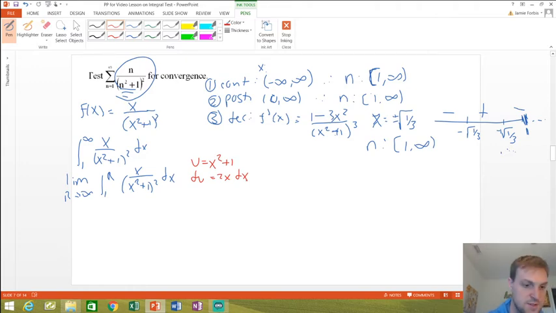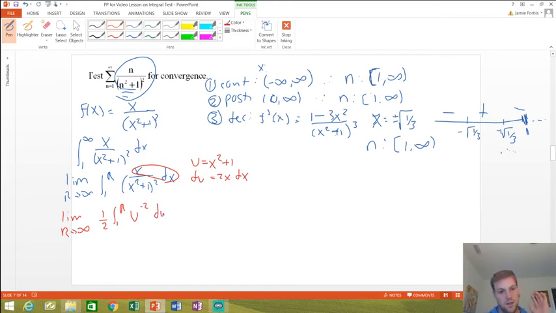So if I integrate this, that's going to be the limit as r approaches infinity. I'll replace everything. I'm going to bring the 1/2 out, integrating from 1 to r, and the x dx cancels out. So that's just going to be the integral of 1 over u squared, or u to the negative 2nd, du.